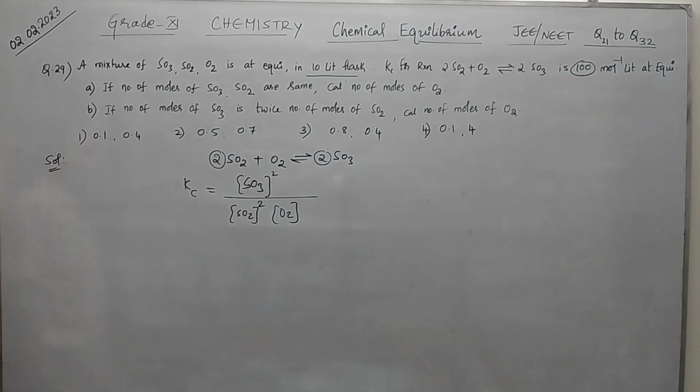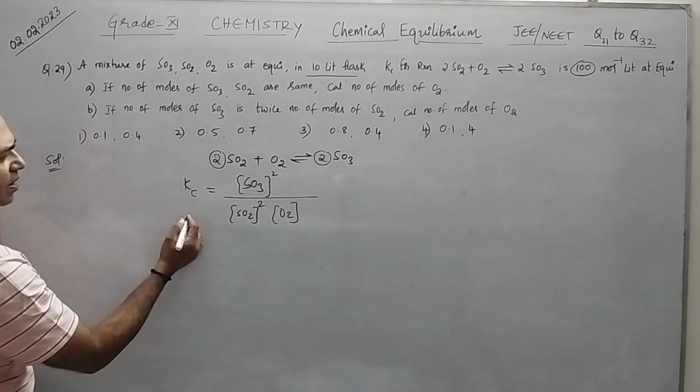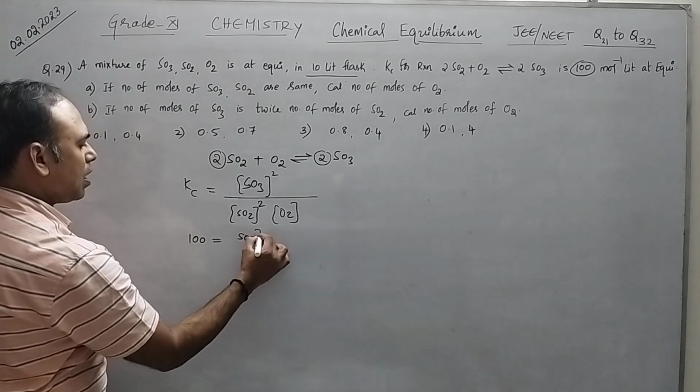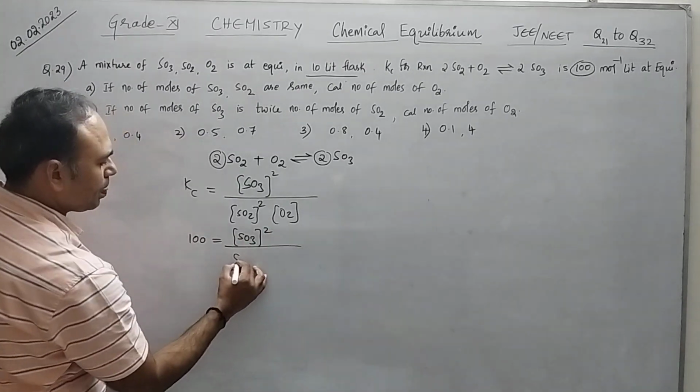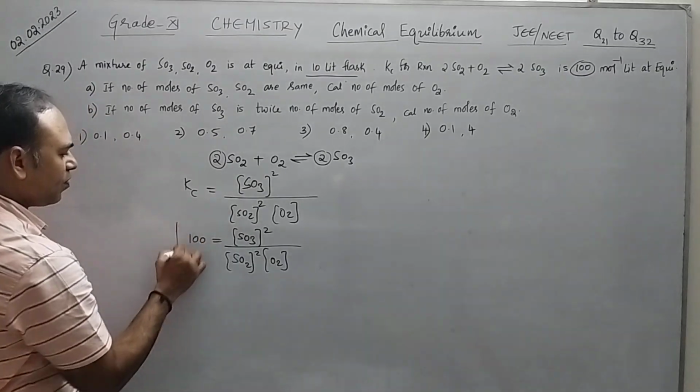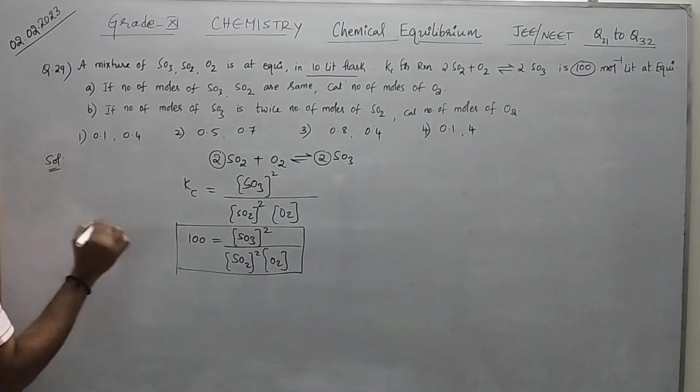So this is Kc. And what is the value of Kc? 100. So you can write here in place of Kc, 100 is equal to SO3 square by SO2 square into concentration of O2. This we got.